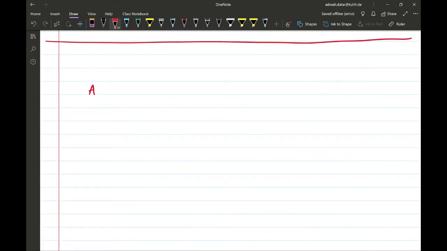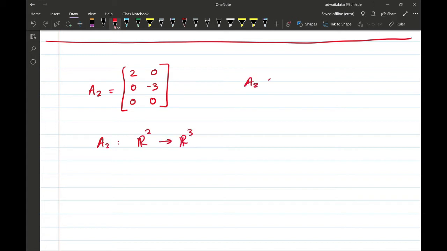So now let's have a look at A2, which is given as this here, and let's try to do this just by inspection. So let's first see that A2 is mapping R2 to R3 because A2 has 3 rows and 2 columns.